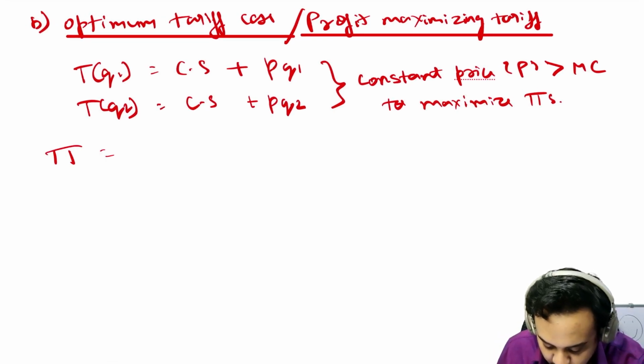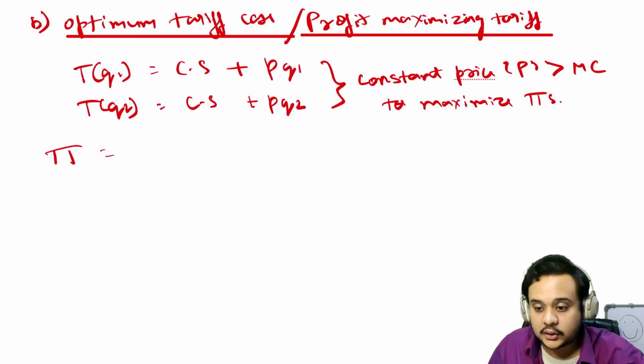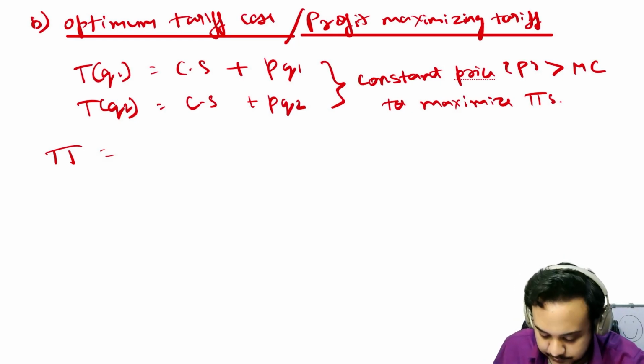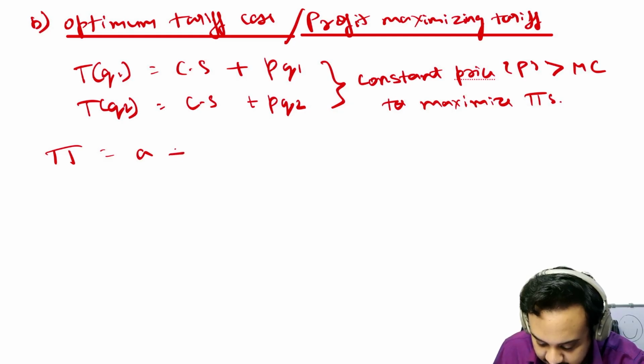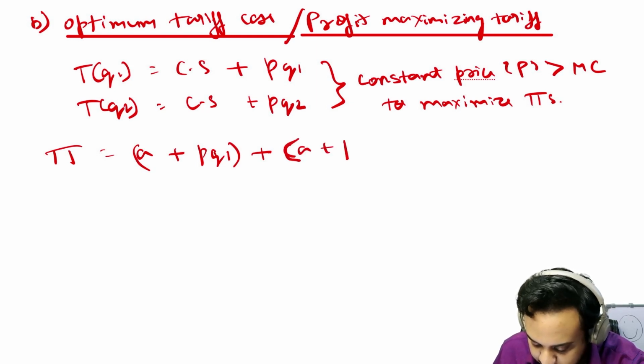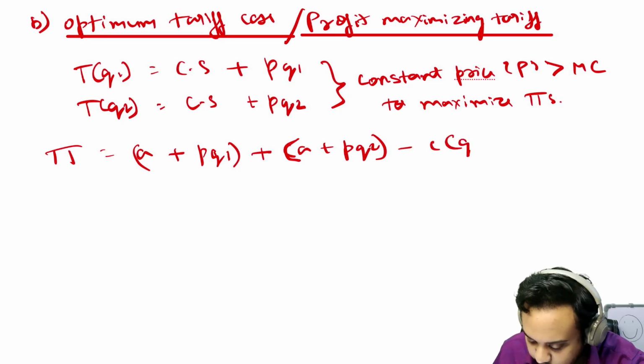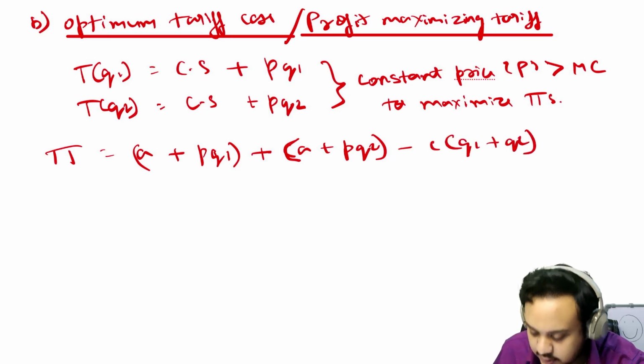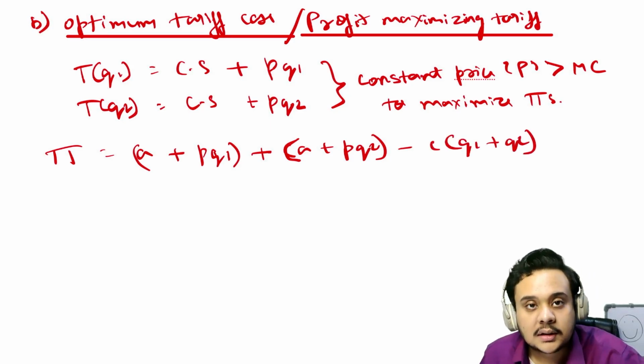What is the profit? The profit is the sum of both the tariffs minus the total cost. So you can write consumer surplus as A, then the total revenue from the first is A plus PQ1, and from the second, again A plus PQ2, minus cost into Q1 plus Q2, cost into the total quantity.